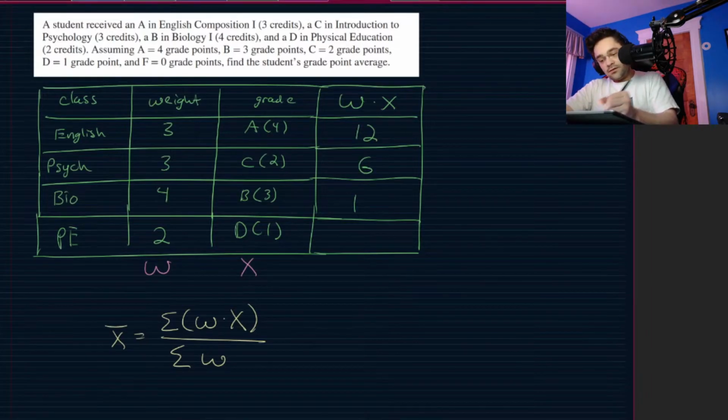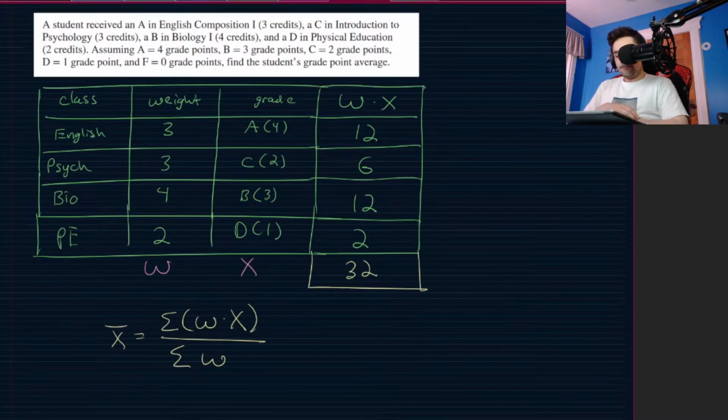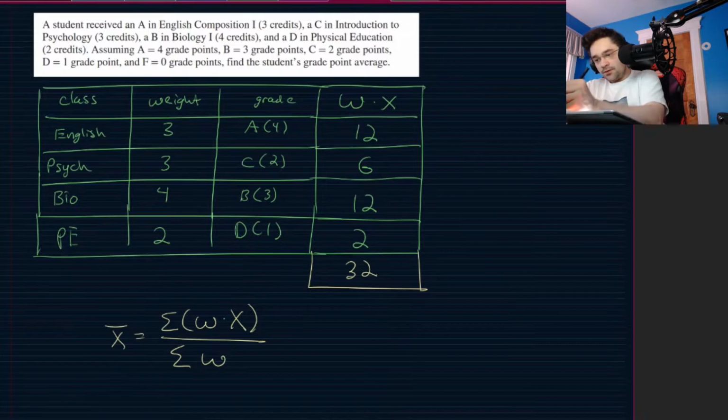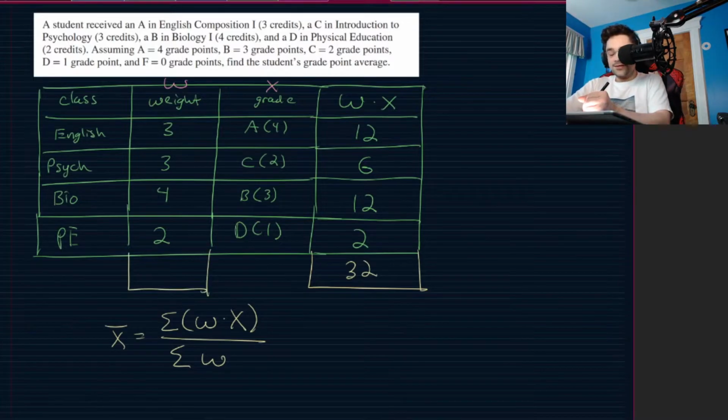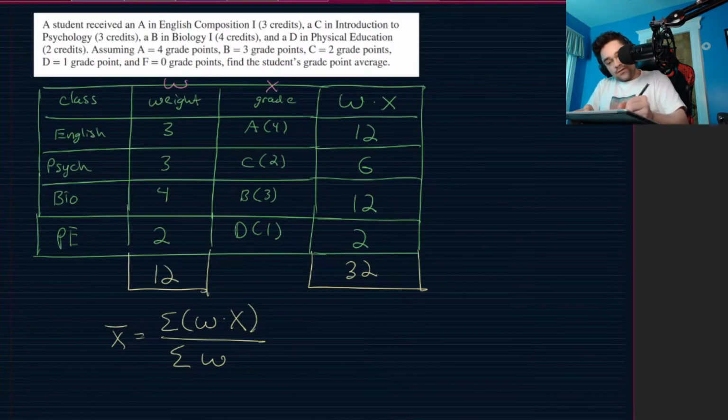Okay, that's 12, 6, 12, 2. So what's this sum? 24, 32. And let me also put the W and the X here because I want to get the sum of the W's, because I need that value as well. 3, 6, 10, 12. Right? This one right here is the sum of the weights times X, and this one right here is the sum of the weights.